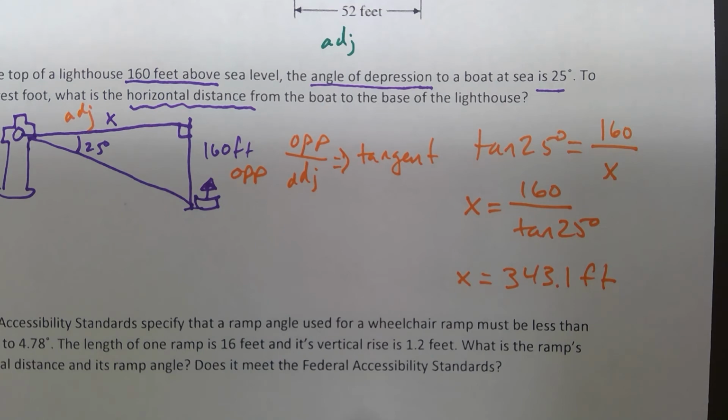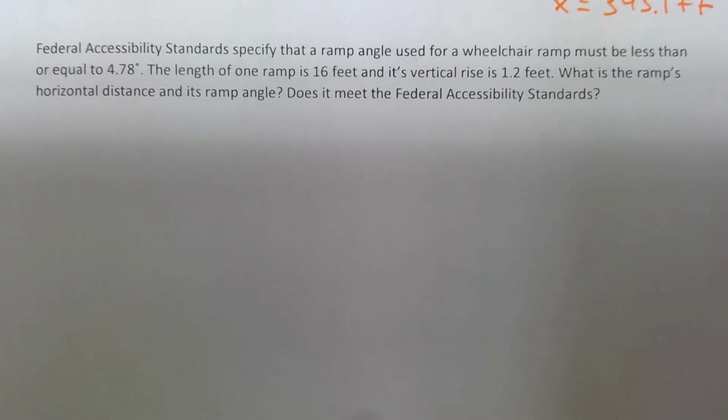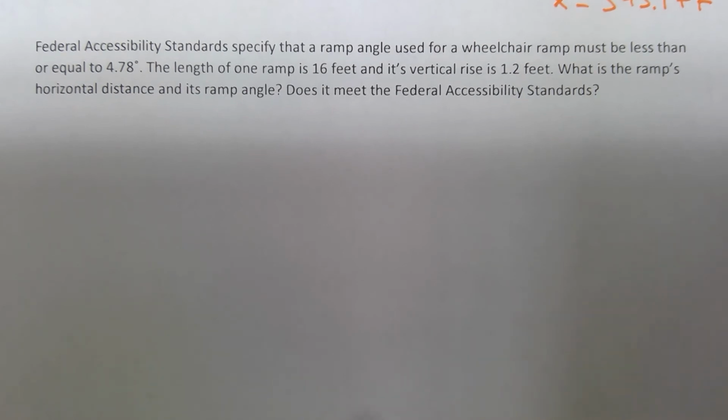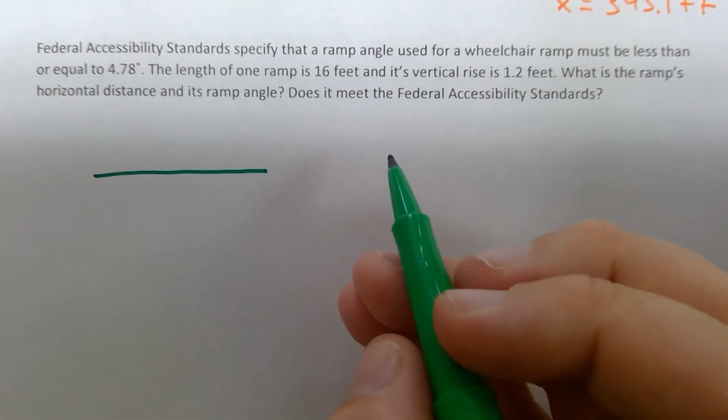All right, so we got one last problem here. We're looking at some triggering context. Federal accessibility standards specify that a wheelchair ramp must be less than or equal to 4.78 degrees. The length of one ramp is 14 feet and its vertical rise is 1.2 feet. What is the ramp's horizontal distance and its ramp angle? So here's our base.